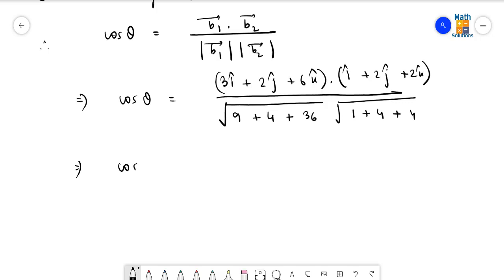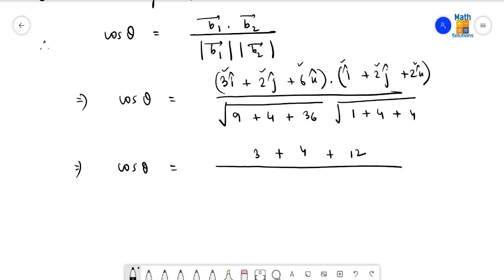In the later part, cos theta is equal to, the dot product will give us the result 3 into 1, it is 3, plus 2 into 2, it is 4, then plus 6 into 2, it is 12.